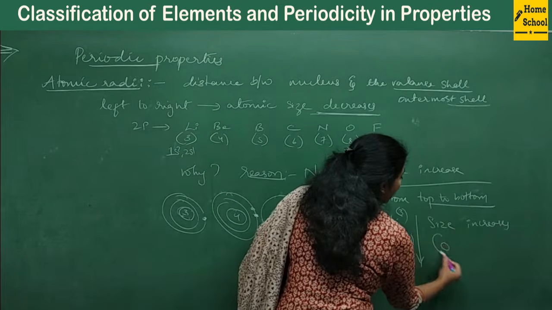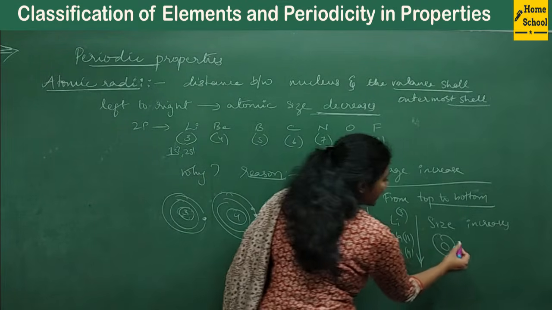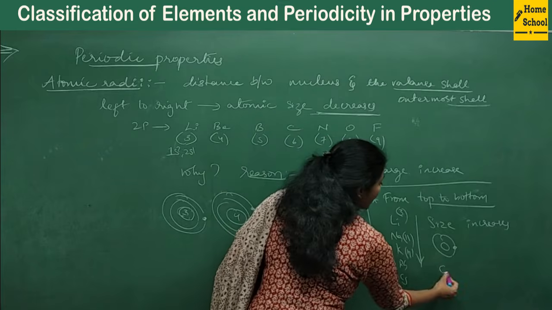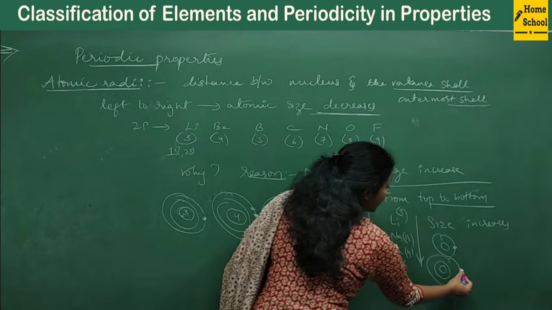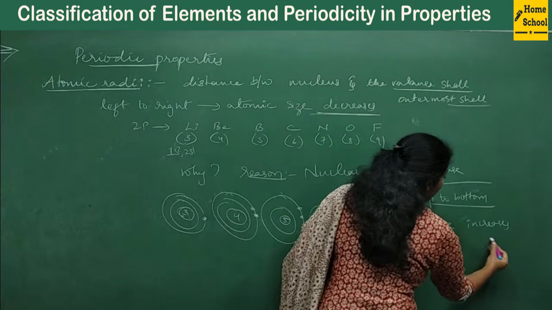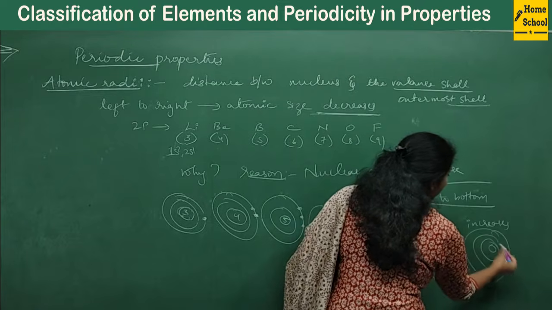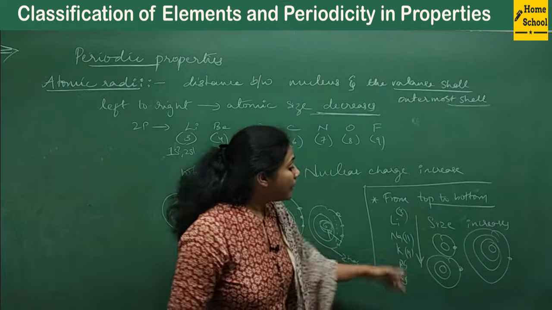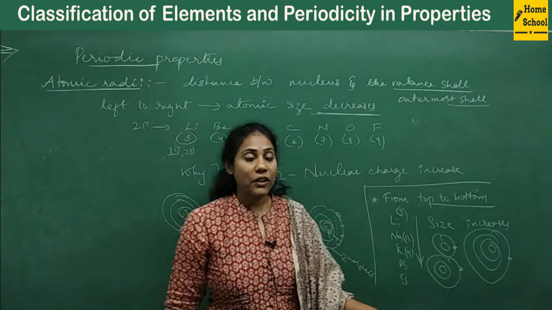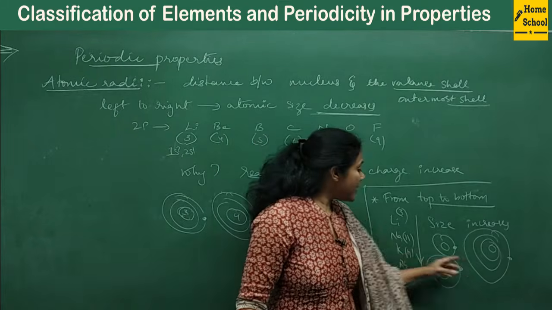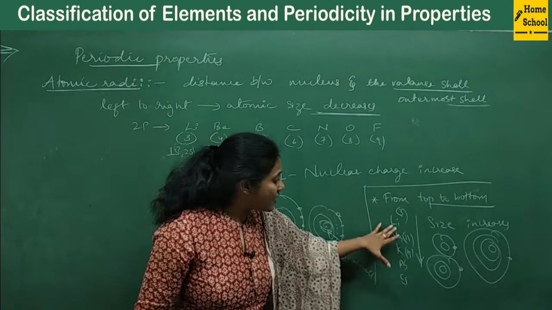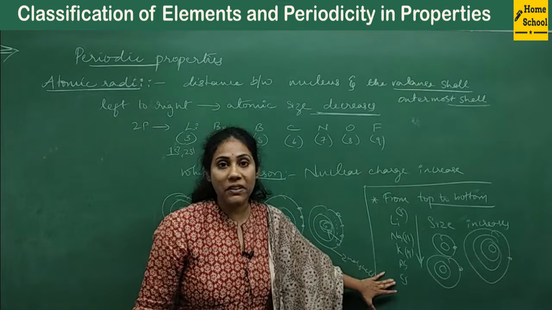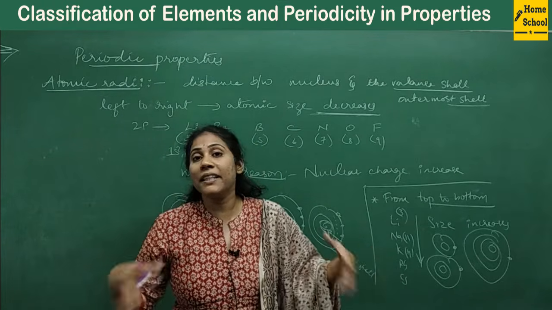See, lithium, your outermost electron is in the second shell, whereas sodium, your outermost electron is there in the third shell. Potassium, your outermost electron is there in the fourth shell. See, the number of shells is increasing. So the outermost shell is very far as you go from lithium to cesium, right? So the shell number increases.